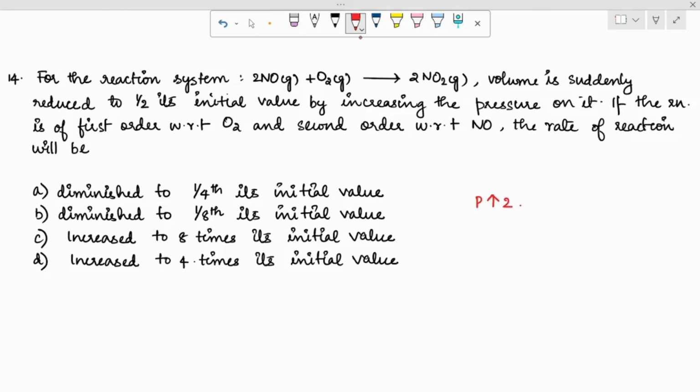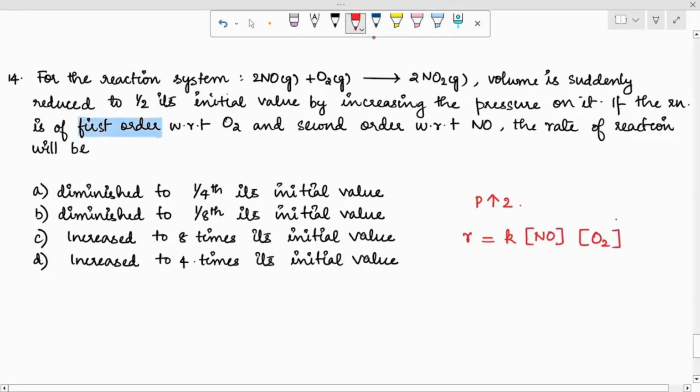Let's see. Rate of the reaction is equal to K into concentration of NO squared into concentration of O2. What is said? It is first order with respect to O2, which is 1, and second order with respect to NO. Correct? Now it is said that the total pressure is increased by 2.